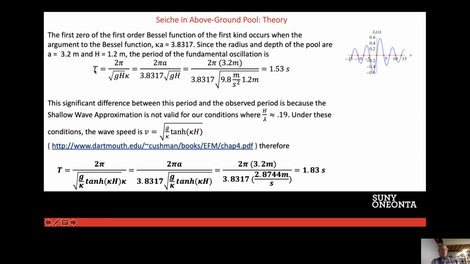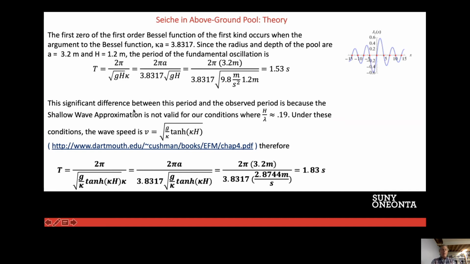So here we have that the period is 2 pi over omega, but omega is the speed of the wave times the wave number. And we replace the wave number using this relationship here. And if we run the numbers through, we get a period of 1.53 seconds. You might recall that that period is significantly less than the 1.975 that we observed.